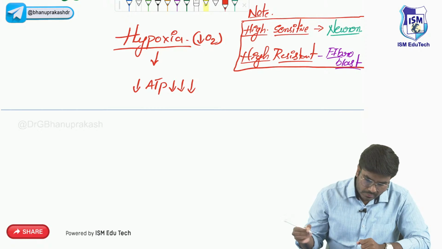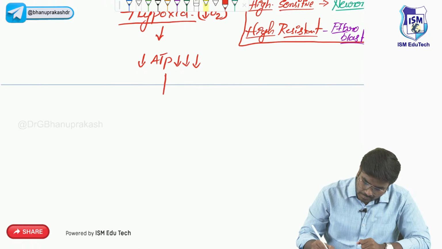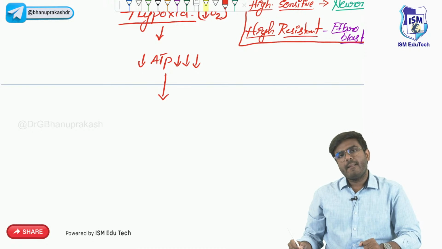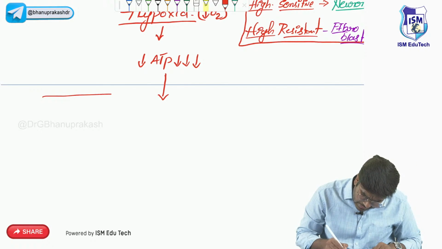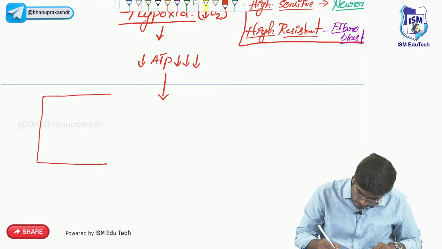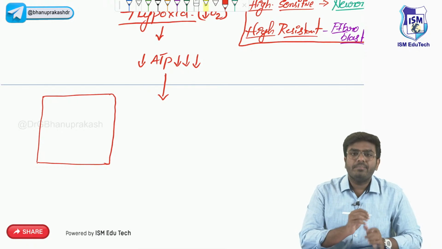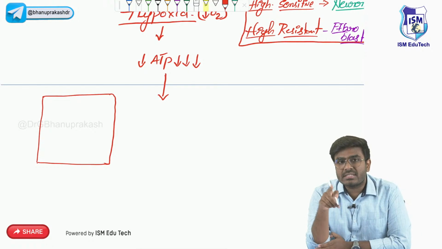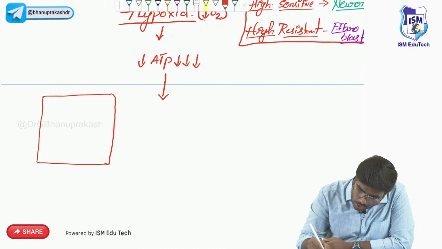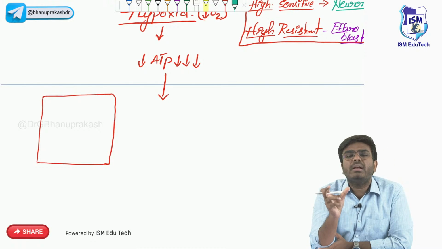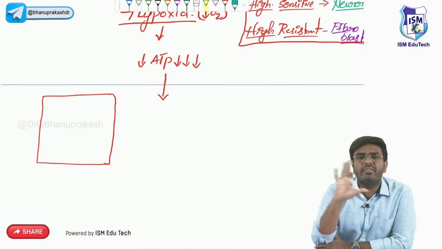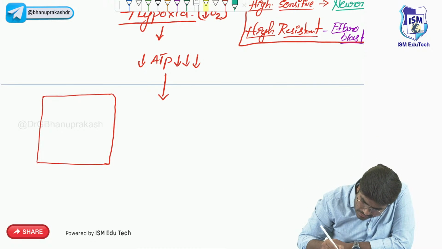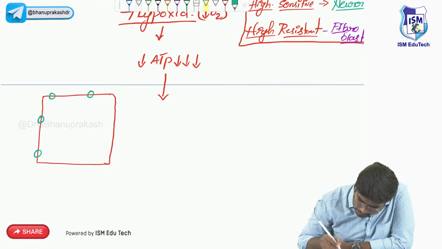ATP is going down. Whenever ATP production goes down, what will happen? ATP is very important. Let me show you one important function of this ATP. In yesterday's class, in general physiology, we discussed that on all our cells there is a ubiquitous protein, present everywhere, an example of primary active transport.